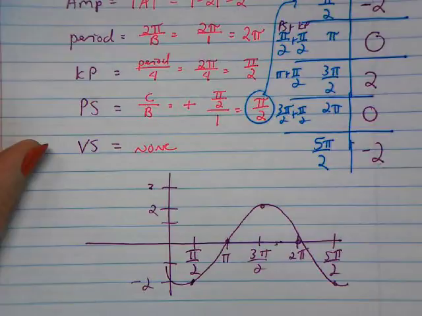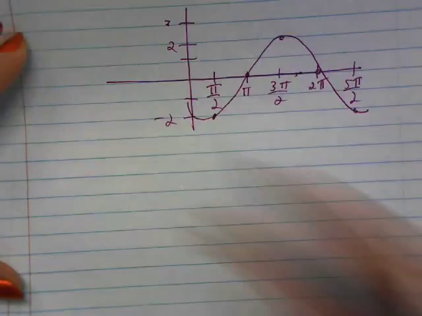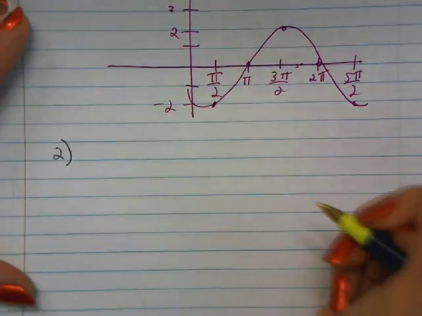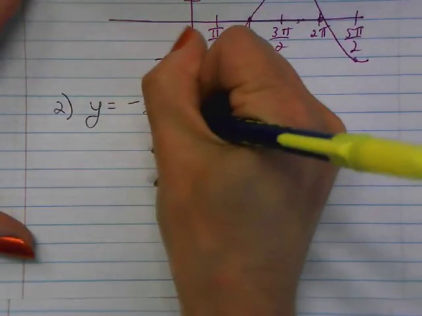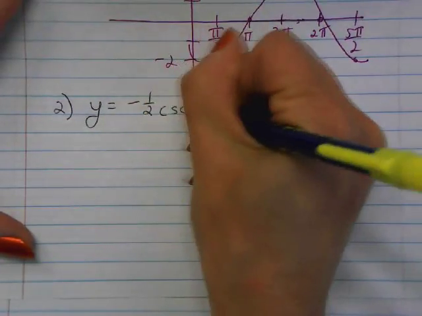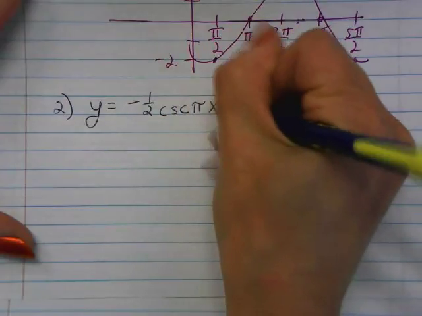Alright, the next one I want to review with you is how to graph a cosecant. Let's say that number 2, I had y is equal to -1/2 cosecant pi x.